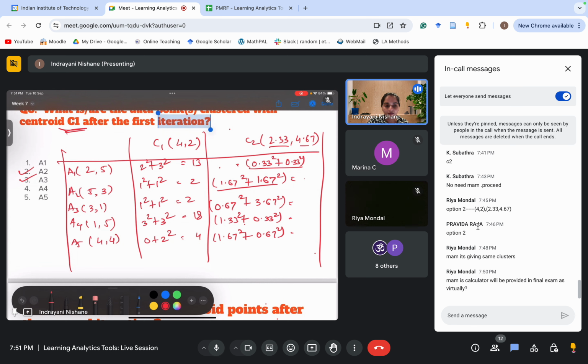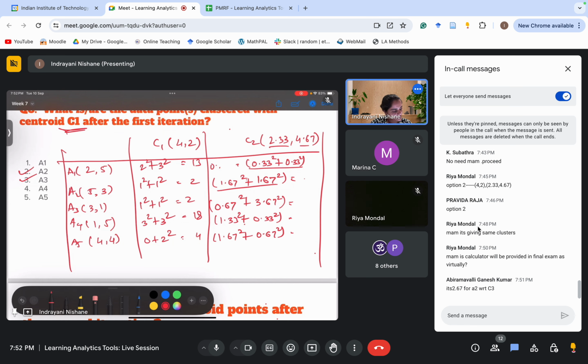The non-programmable scientific calculator is allowed for NPTEL exams. So don't worry, if such numbers come, it will be easy to compute. Okay, so this is 0.33 square plus 0.33 square, which is 0.218, right?